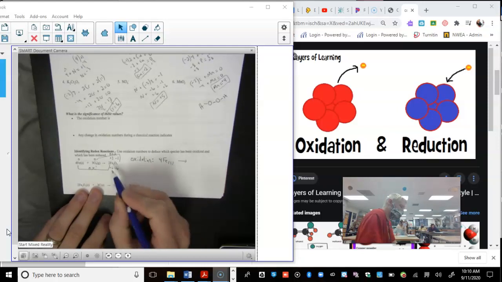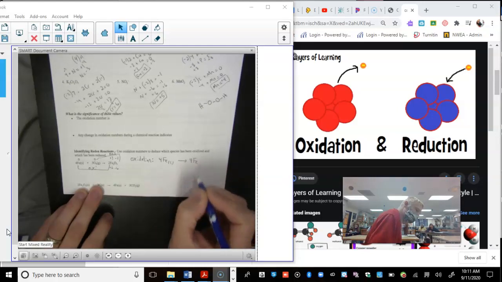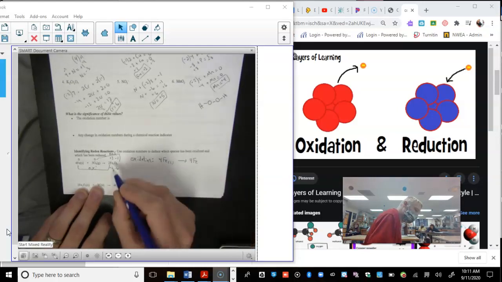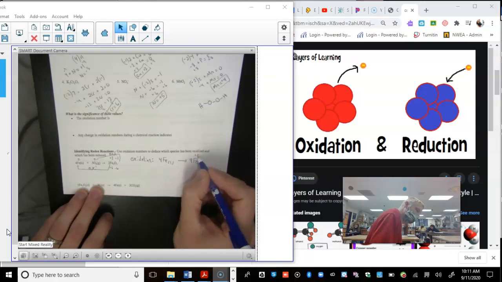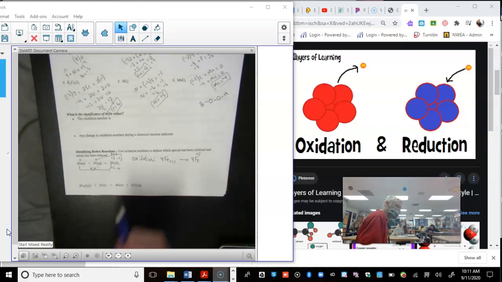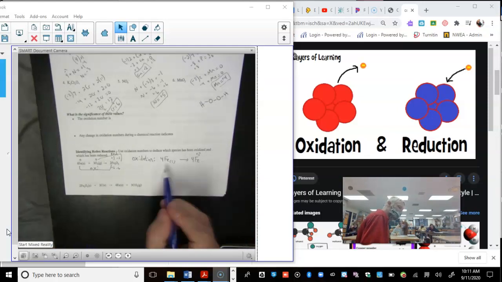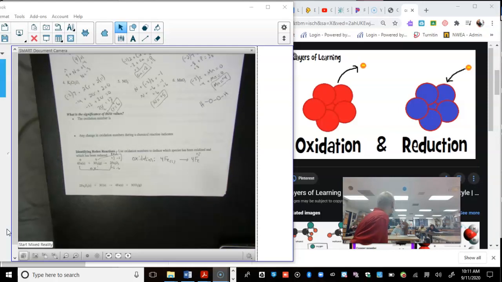But we're going to say 2 times 2 is 4. And they're +3s. And I'm not labeling it because they didn't do a good job labeling it, so we can't determine.